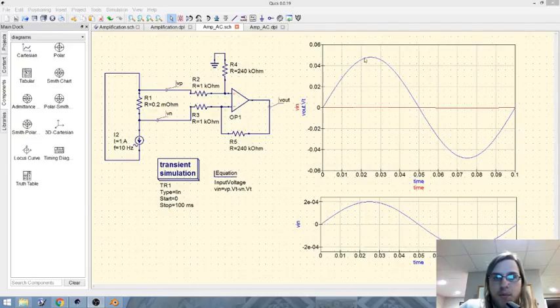So this blue wave is our output, and we can see that its peak is about 0.05 volts. And we look at our input, and it's very, very small. We can barely even see any fluctuation here. So that's why in this graph here you can see, so this is 200 microvolts, which is very small, and we were multiplying it by 250 to get a wave that's much easier to work with for our circuit.